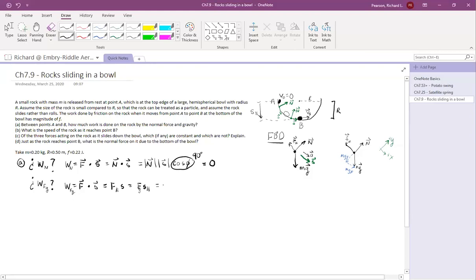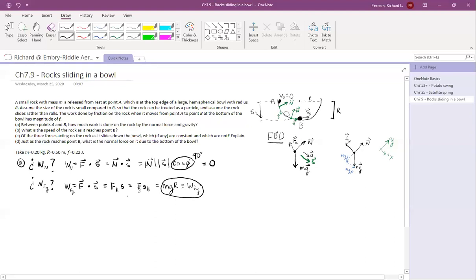And so we have that the force of gravity, which is mg, times the parallel distance of S is r, and that becomes the work done by the force of gravity. Now that should start to look a little familiar.